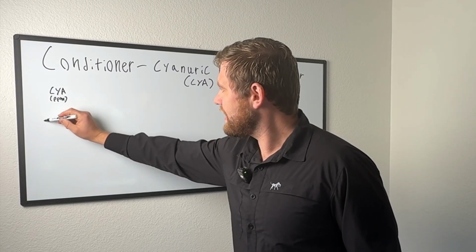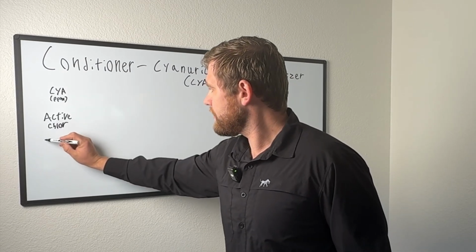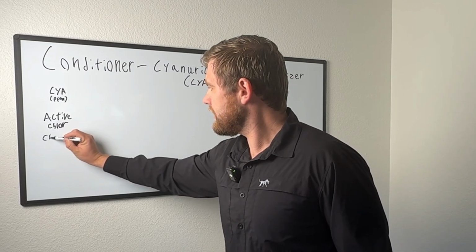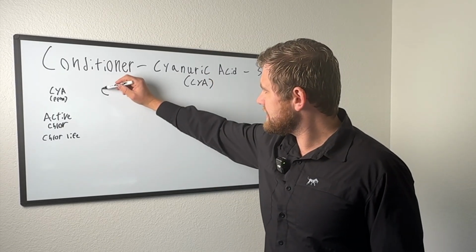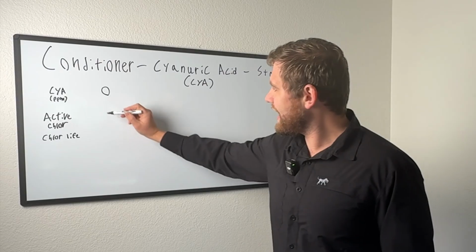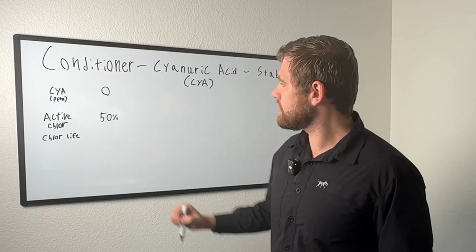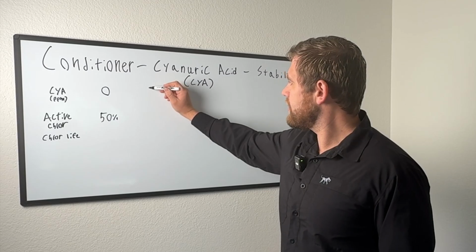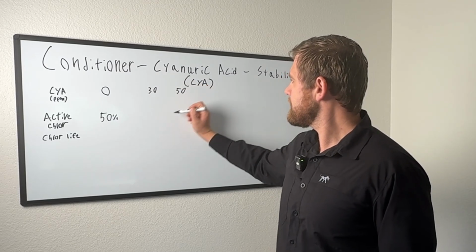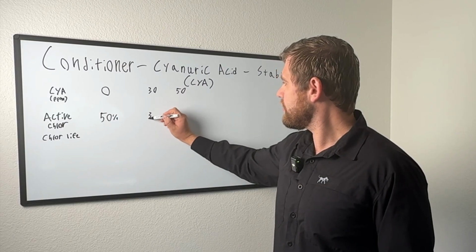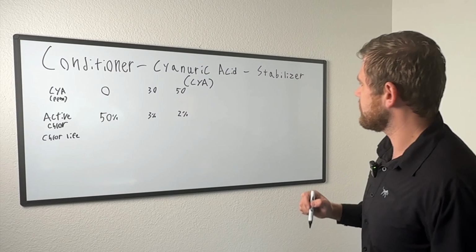Then we'll have active chlorine, and then we'll show chlorine life. So at a conditioner level of 0, we get 50% active chlorine. At a conditioner level of 30 to 50, you get 3 to 2% active chlorine.